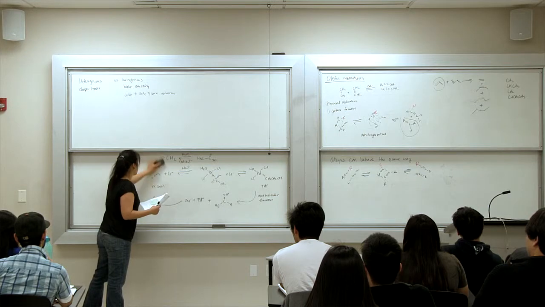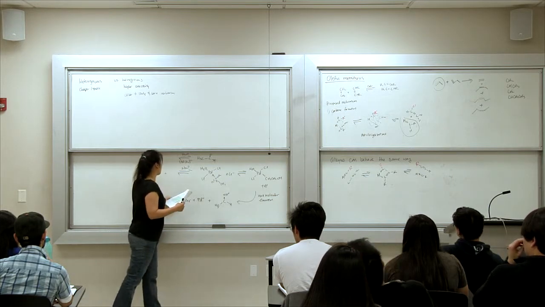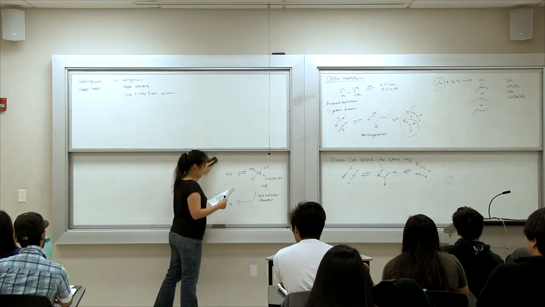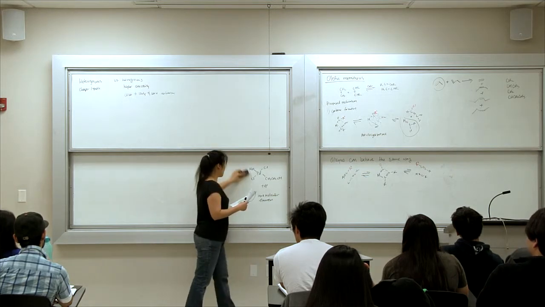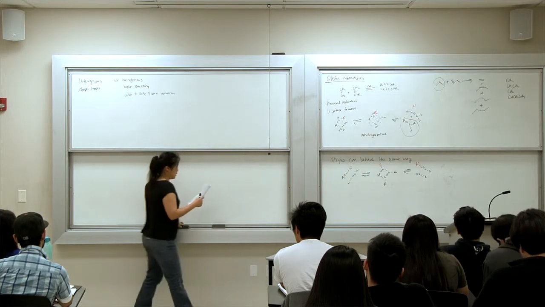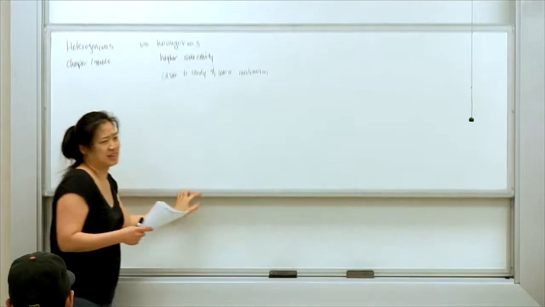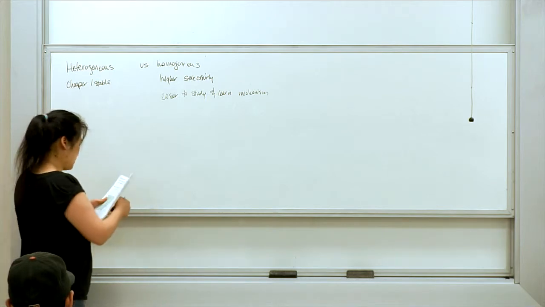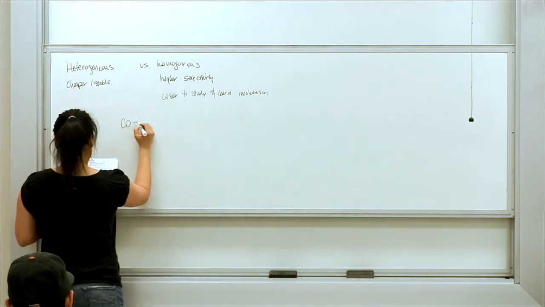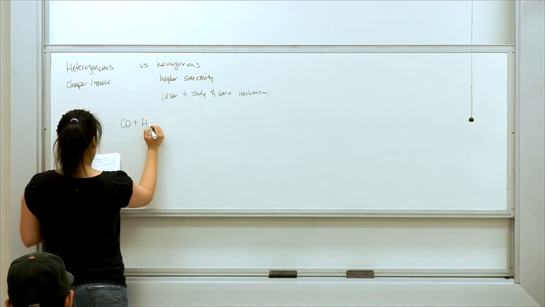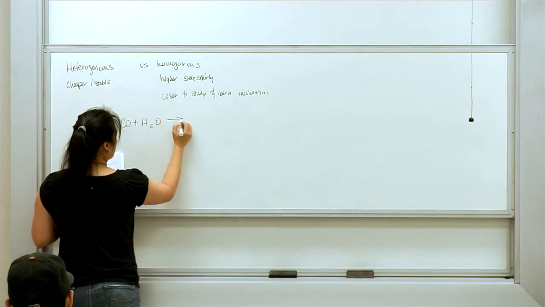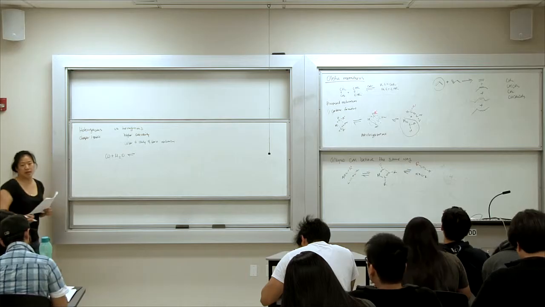So one of the processes that is very important on a large scale for heterogeneous catalysts is the water-gas shift reaction. We talked about this, we talked about CO chemistry, I think. So basically this reaction takes CO, which is basically made by gasifying coal usually.